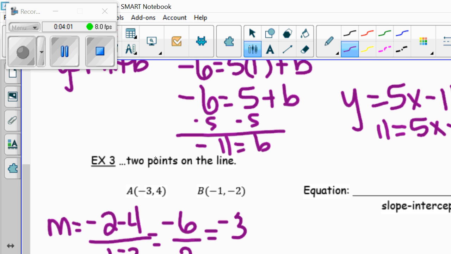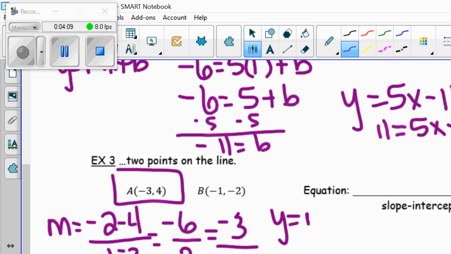Now I pick one of these points. It doesn't matter which point I pick. I will just pick the first point and my slope and plug in y = mx + b to solve for the b. So instead of y, I'm going to plug in 4 = my slope we just found, which was -3, instead of x, -3, plus b.